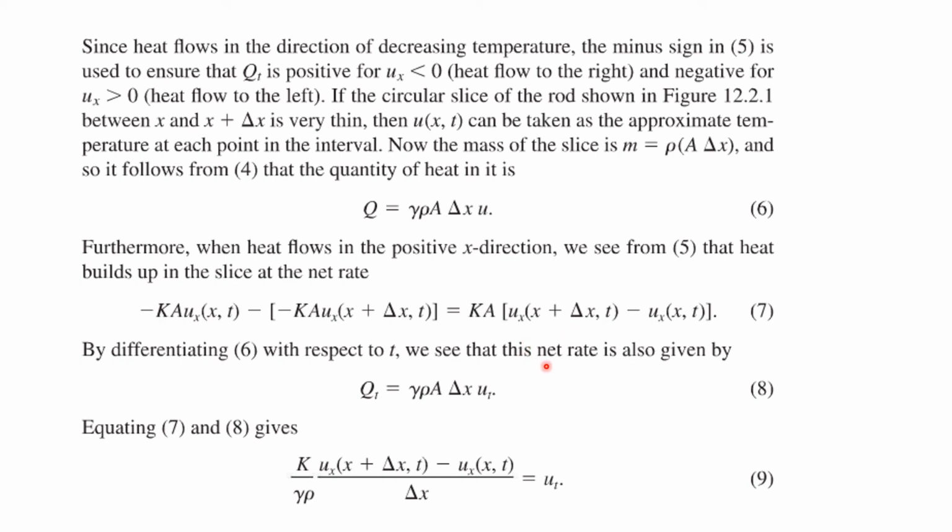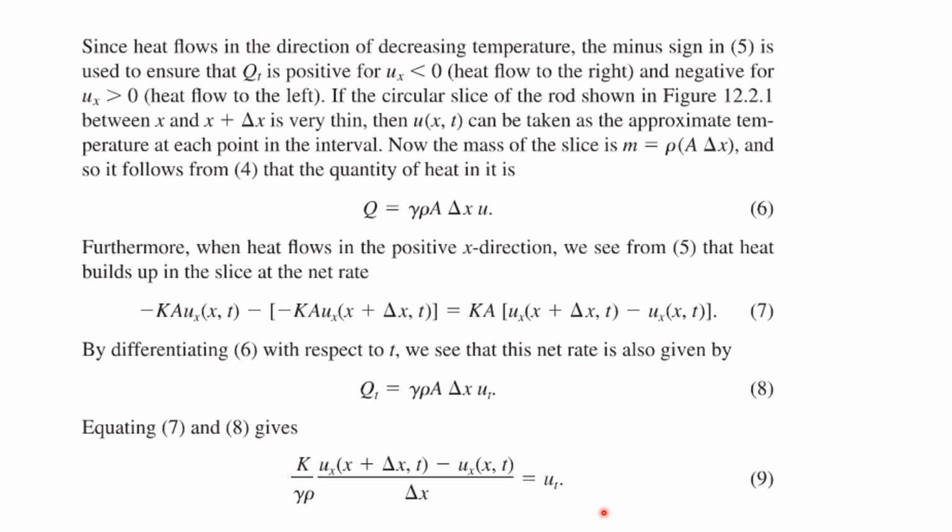But now, first we're going to differentiate 6, this equation here, with respect to t, and everything is a constant except u and Q, and so those are where the derivatives go. So now we're going to equate 7 and 8, and we get this expression when we solve for u_t.